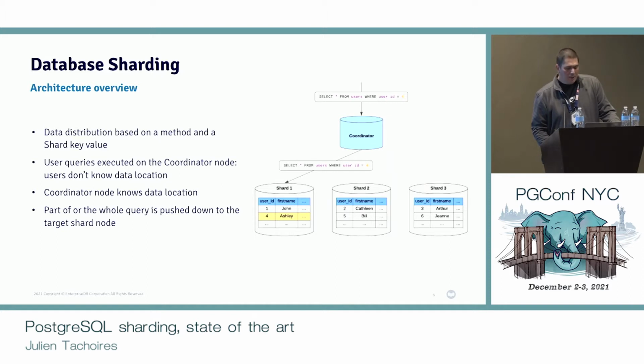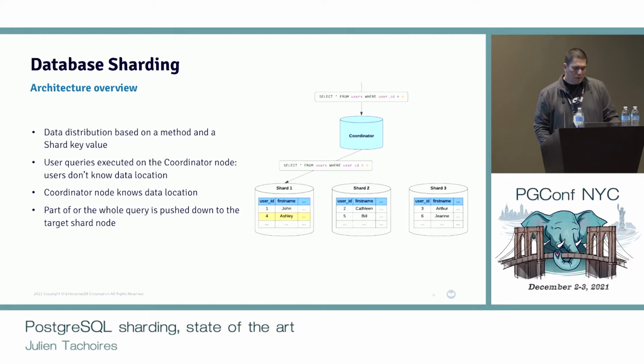The part of the database cluster in charge of routing data between clients and the shard nodes is the coordinator node. This coordinator node acts as a database proxy between clients and the database nodes storing data. So for taking full advantages of sharding, the client should use the shard key when it is executing queries on the coordinator node.